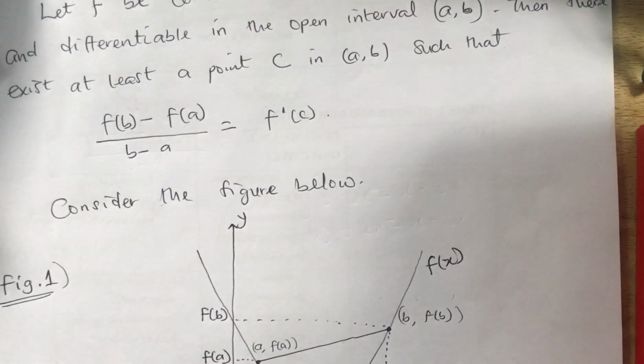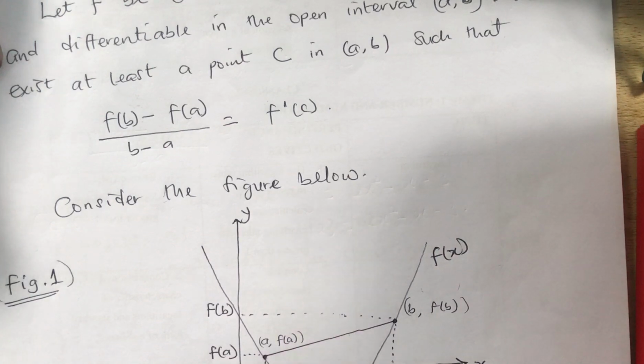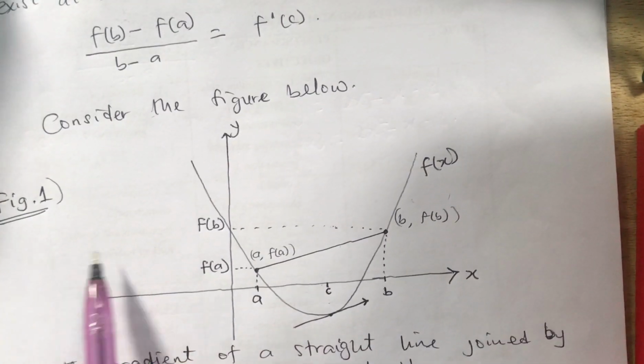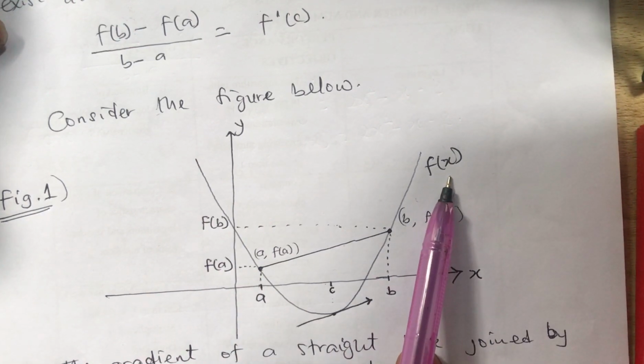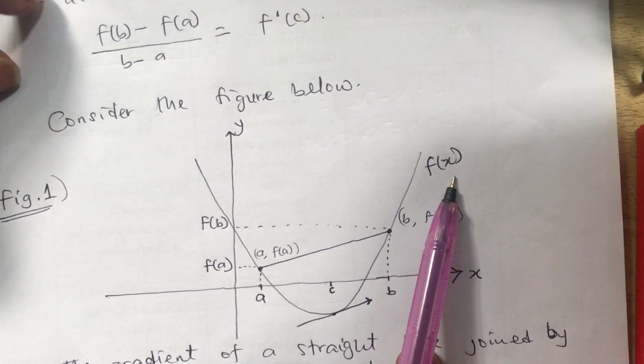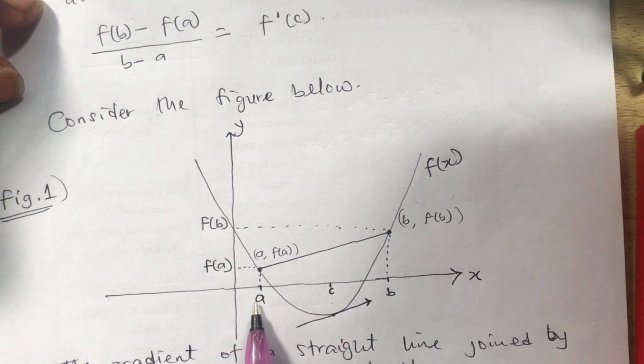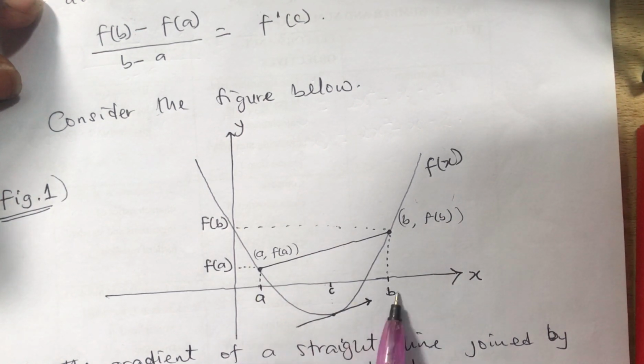Now, let's consider the figure below. From the figure, we have the curve of a function f of x, and on the x-axis we are considering the interval [a, b].